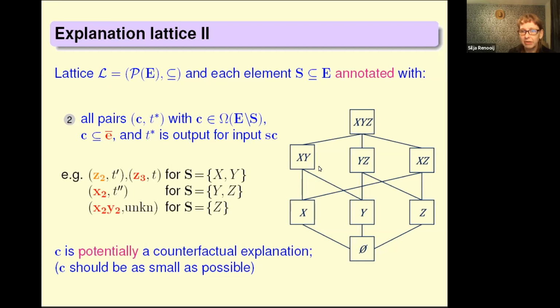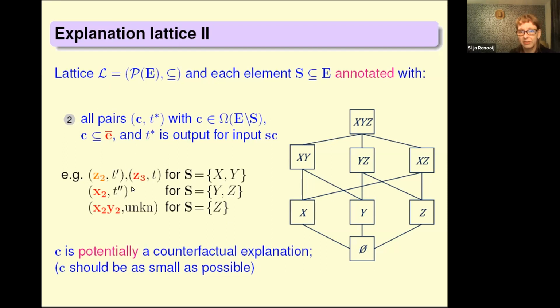So again, if I look, for example, at the subset XY, then Z is missing here. So I'm interested in value combinations for Z that are not observed. Well, recall that we had observed Z1. So in this case, C2 and C3, I'm assuming this is a ternary variable, are not observed.